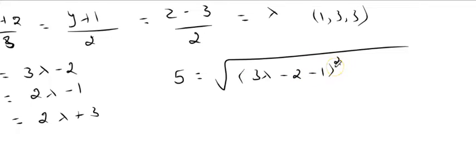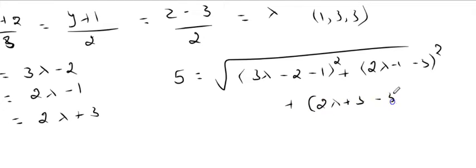You know the distance formula is nothing but root of (x2 minus x1) the whole square plus (y2 minus y1) the whole square plus (z2 minus z1) the whole square. So I can take x2 as 3 lambda minus 2 and x1 as 1. Same way, y2 minus y1 is 2 lambda minus 1 minus 3 the whole square. And same way, z2 minus z1 is 2 lambda plus 3 minus 3 the whole square. So everything is within the square now.